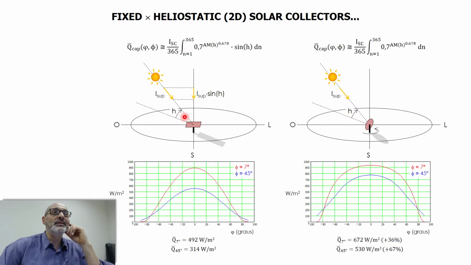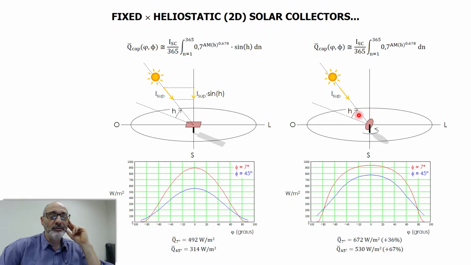So this means multiplying by sine of the sun's elevation. That's why the formula has sine of h, because the amount of energy must be projected to this vertical line here. So when we do the calculations for 7 degrees and for 45 degrees, we get these curves in terms of average watts per square meter during the hours of the day.